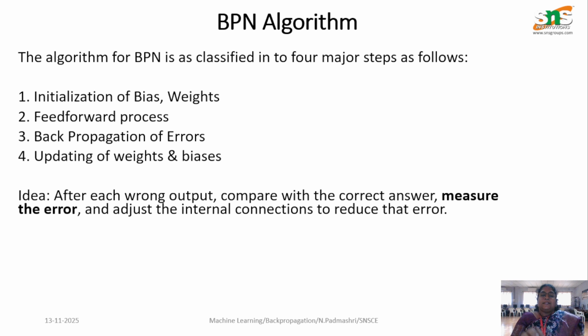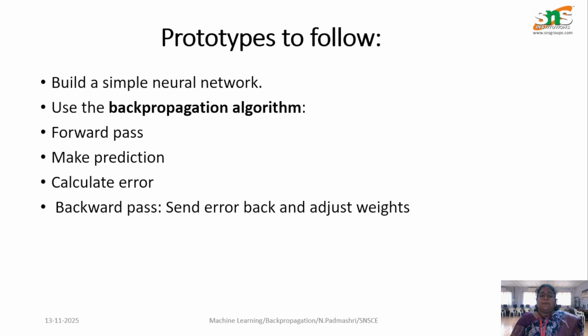So the key idea behind this backpropagation network is, whenever you get a wrong output, the predicted output will be compared with the actual output. If there are any discrepancies, we measure the error and adjust the internal weights to reduce the error.